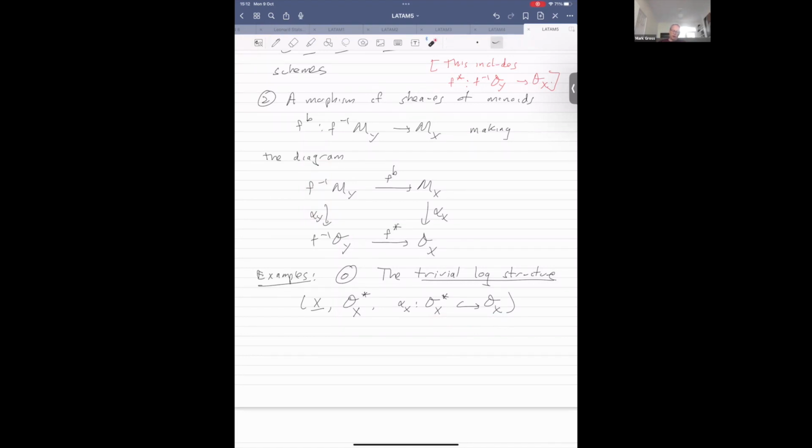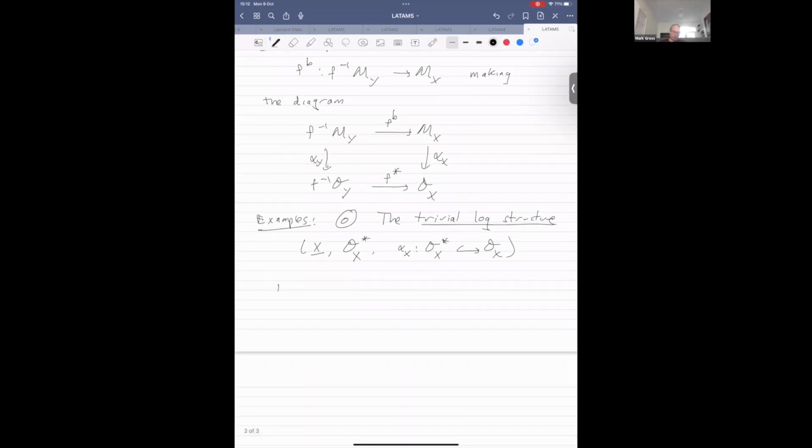Because if you think about what this diagram would mean, if we have a map between two trivial log schemes, this would just be a sub-monoid of this, which is just the group of sheaf of invertible functions. And so, of course, to get a commutative diagram, you would need the map from here to here to be induced by the map from here to here.